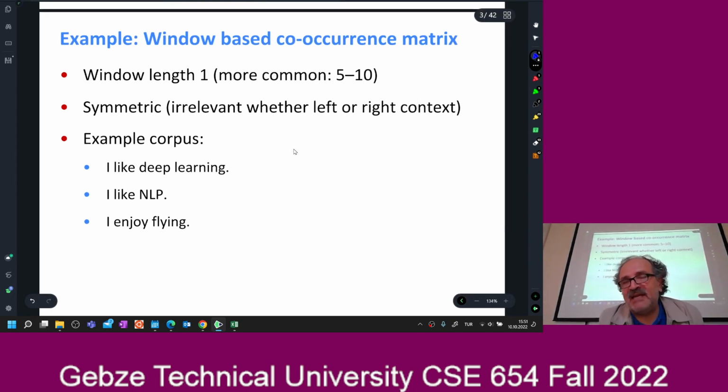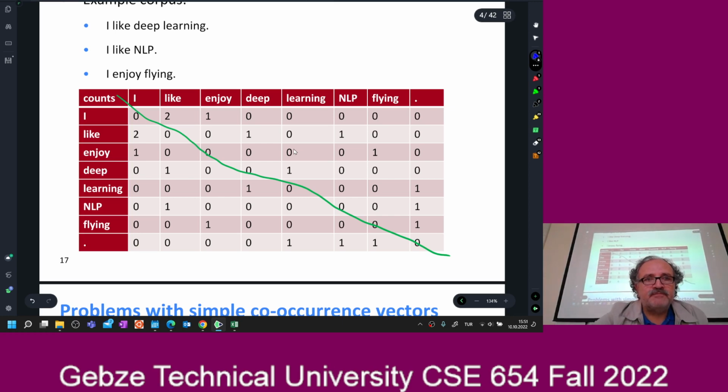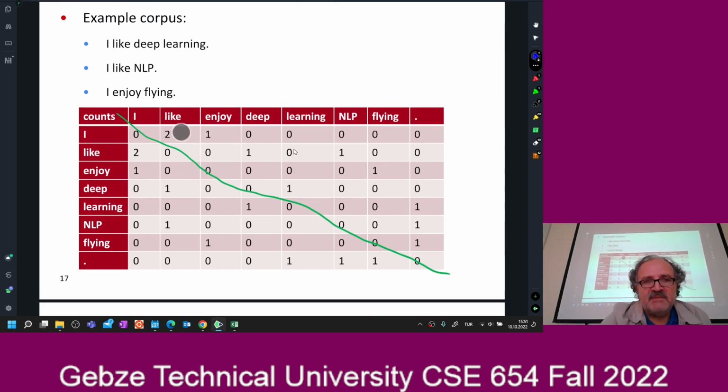Of course, don't expect anything useful out of it, it is just to demonstrate the co-occurrence matrix. This is what I do. I happens with like 2 times. I is seen with enjoy 1 time. And that's it. So that means that our window has a width of just 1.